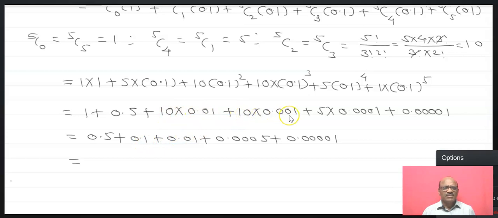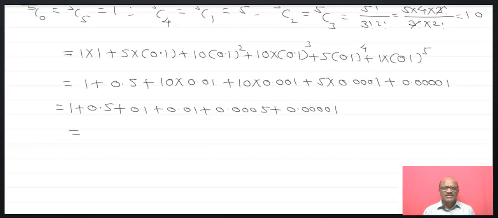Again, one decimal will be reduced here. That will become 0.01. And again, here is 0.005. And last is 0.00001. I want to write the 1 here. I will write it in the next step. I forgot to write. Now see this. This is the one.